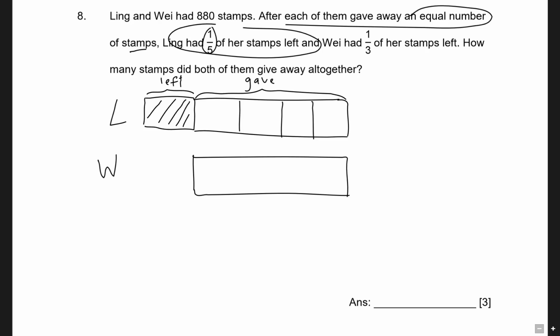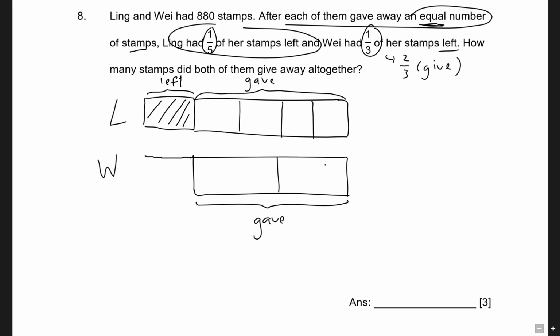If you have 1/3 left, 2/3 will be what you have given away, meaning 2 units given away. So I'm drawing the 2 units, and these 2 units must be equivalent to the 4 units given by Ling. Why? Because each of them gave away an equal number of stamps.